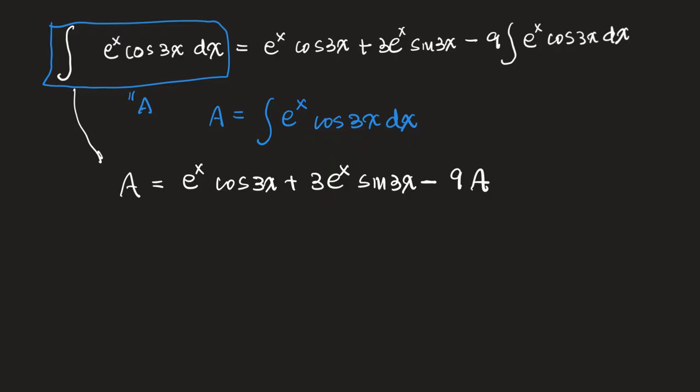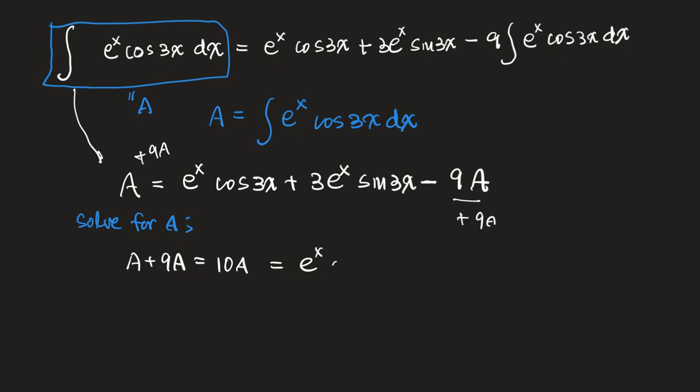So you're gonna solve for a. So this one is positive 9a. So a plus 9a, that's gonna be 10a equals e to the x cosine 3x plus 3e to the x sine 3x.